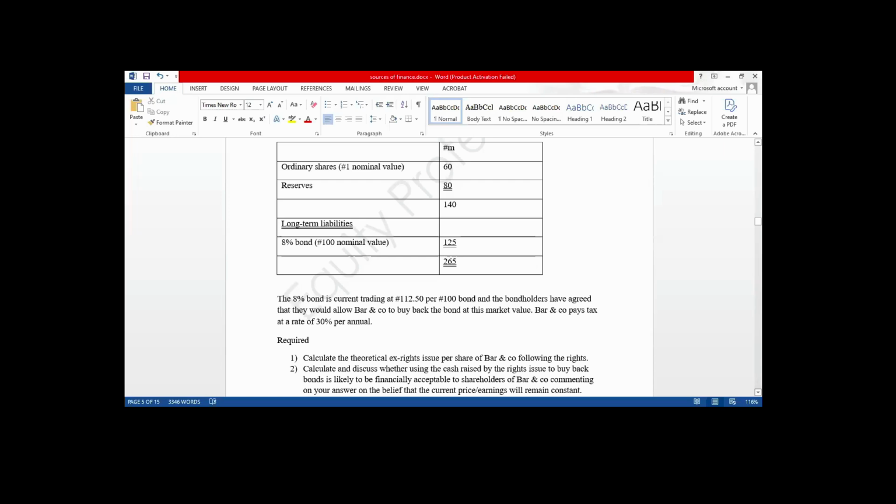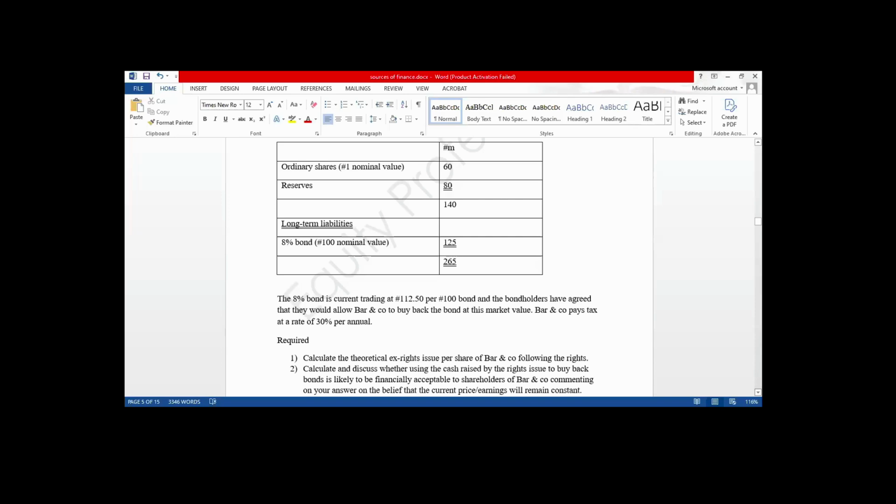When we say nominal value, the amount written on the face of the bond is called the nominal value. But at the market, it is currently trading for 112.50. The bondholders have agreed that they will allow Banco to buy back the bond at this market value.